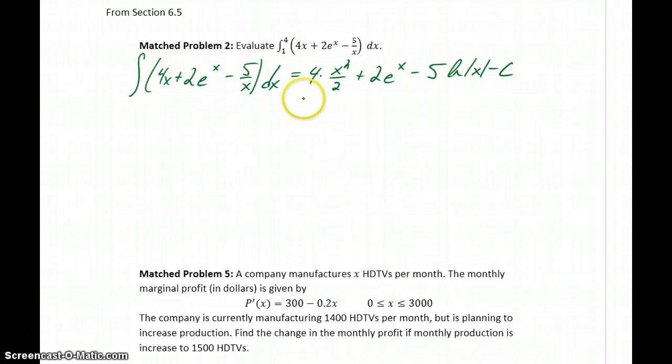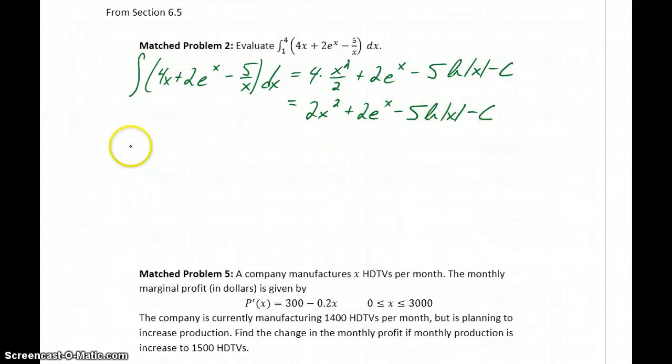Or actually first, we can simplify this a little bit. So 4 over 2 will simplify to be 2x squared plus 2e to the x minus 5 times the natural log of the absolute value of x minus c.